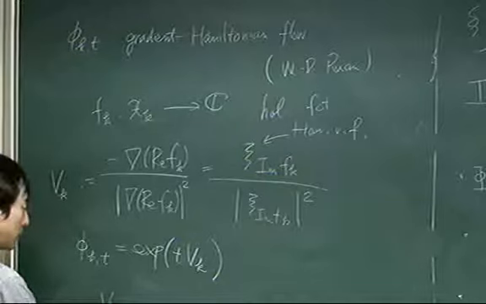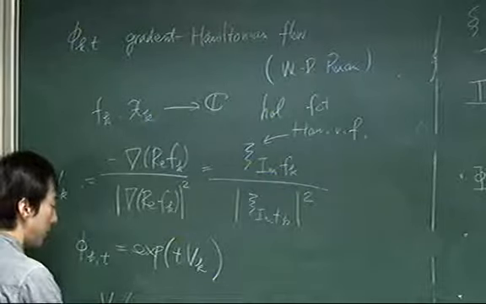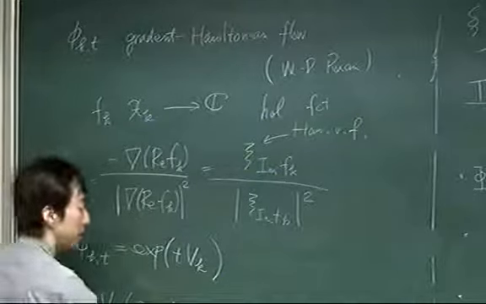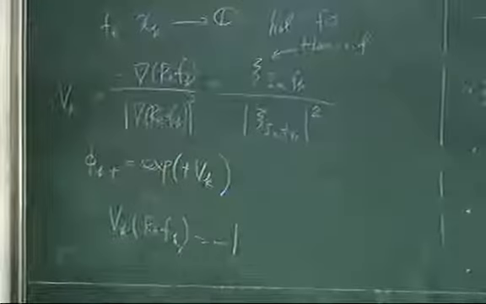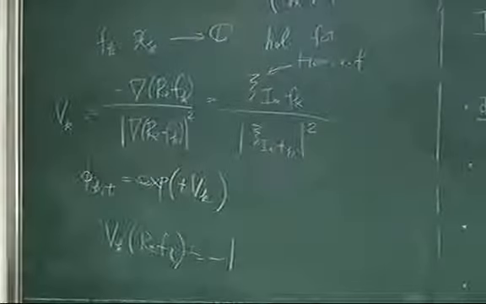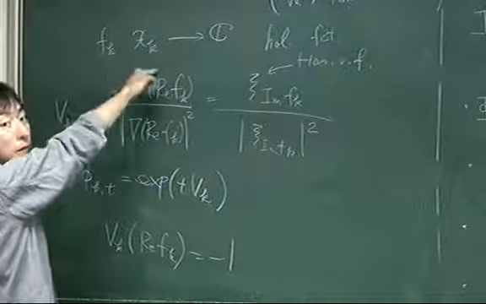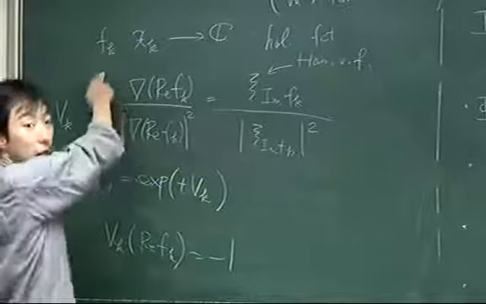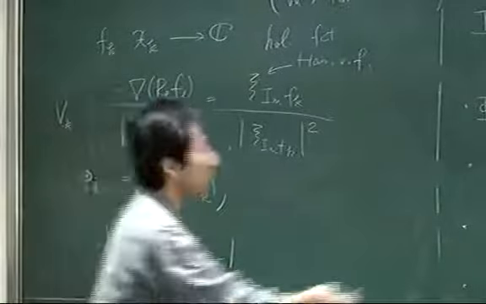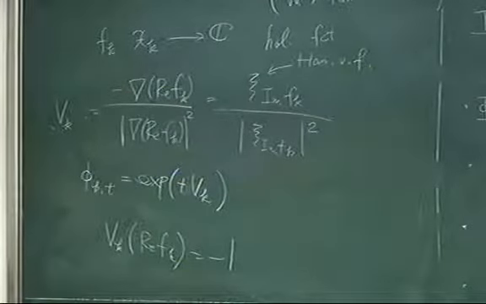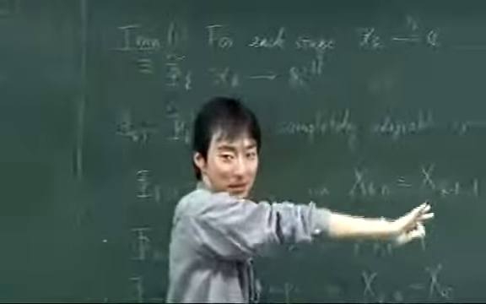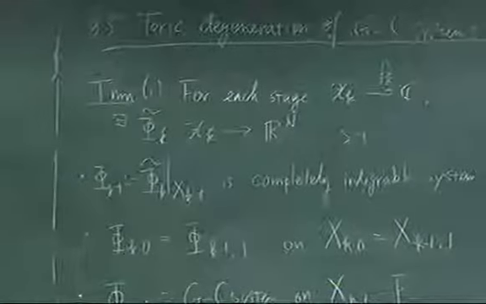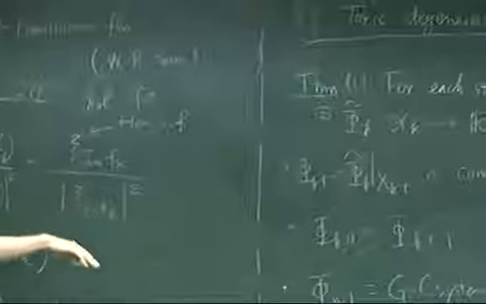So if we differentiate the real part of Fk by this vector field, then from this expression, this is always minus 1. Fk is a family; we consider this as a holomorphic function here, and take its gradient or Hamiltonian vector field.